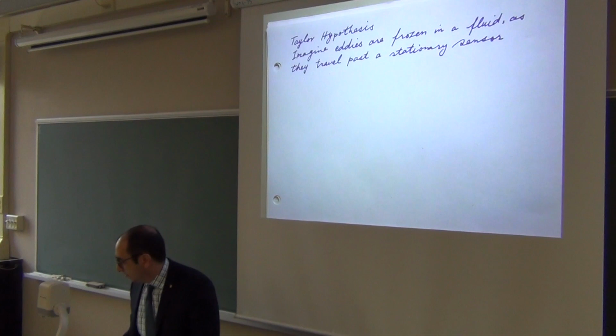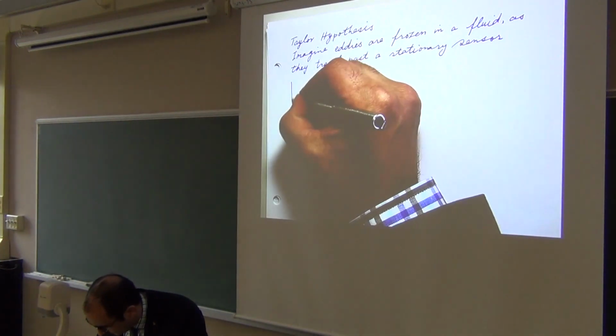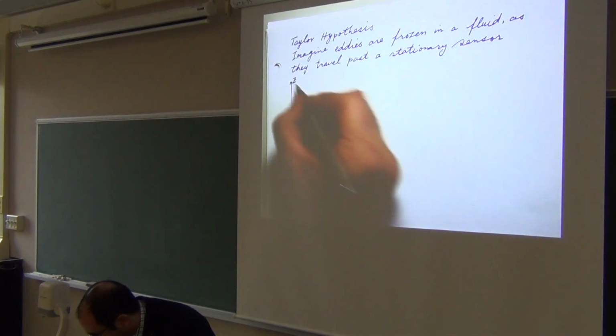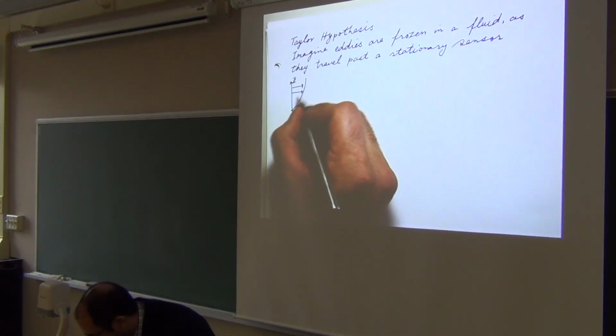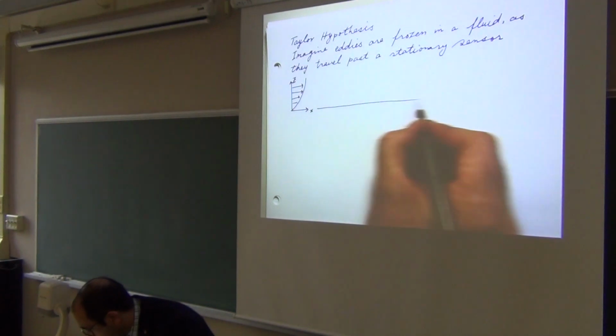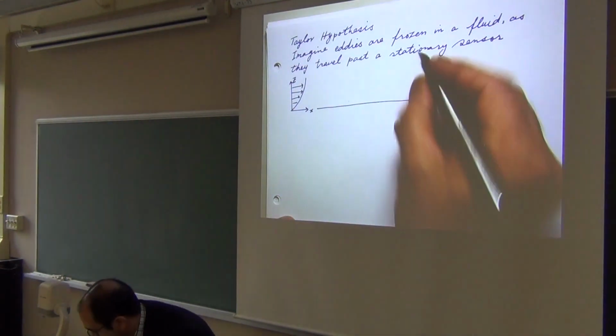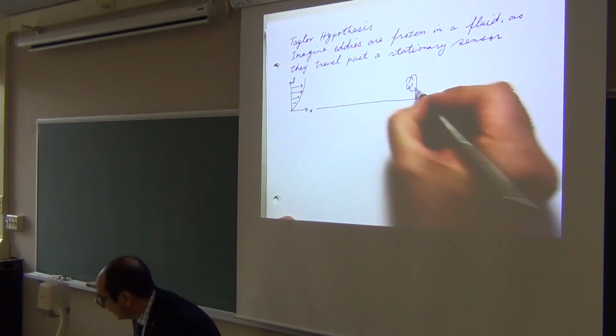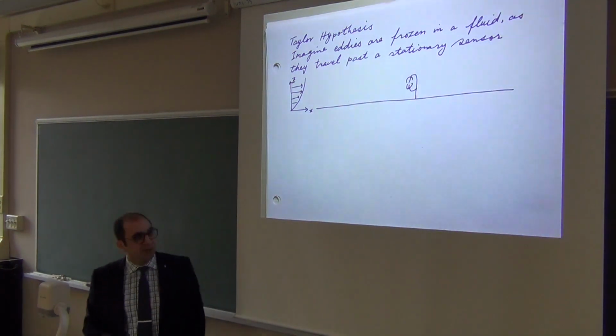Let's say I have a very simple boundary layer flow. So X, Z, boundary layer flow. So the flow is going to go down. Okay? And here's my sensor. It's an ultrasonic anemometer. It's sitting here. Let's say I want to make it fun.